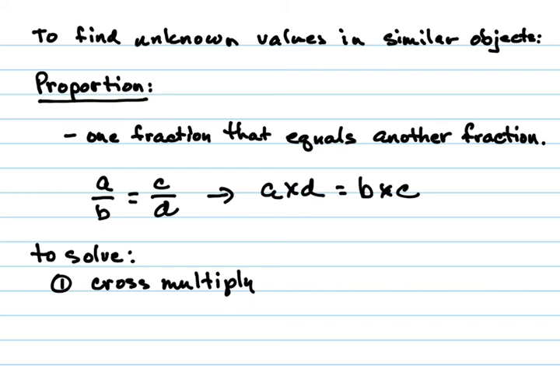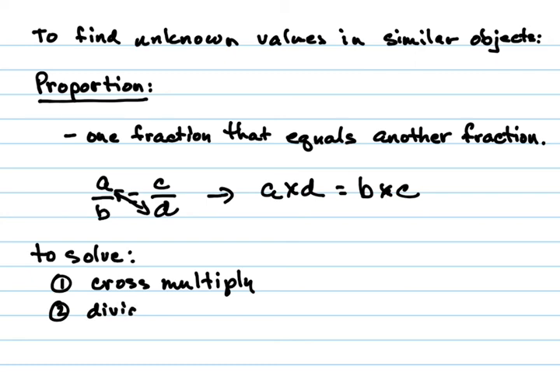I'll use an X for multiply. So A times D and B times C. So all you're doing is cross multiplying. And what happens when you do that is you end up with a simple linear equation.